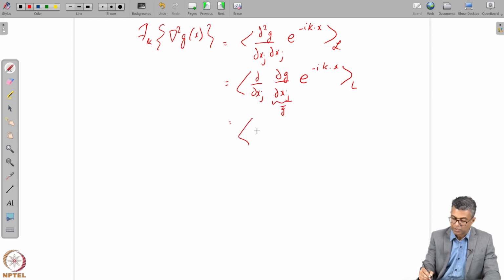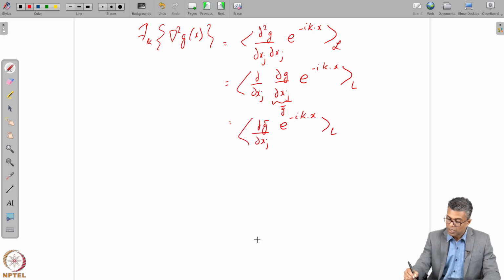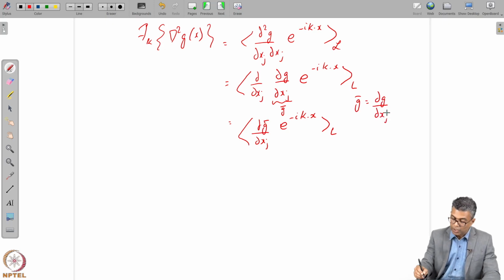Then this will be del g bar del xj, and then e to the minus i kappa dot x over L, because g bar I'm writing as del g del xj, just another variable. Now if I write this, I'm taking a first derivative times e to the minus i kappa dot x.